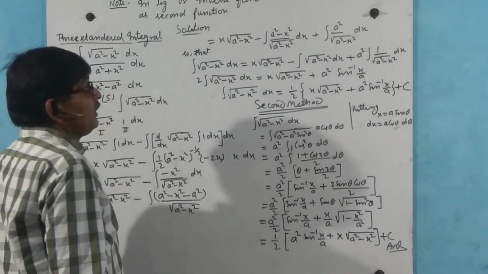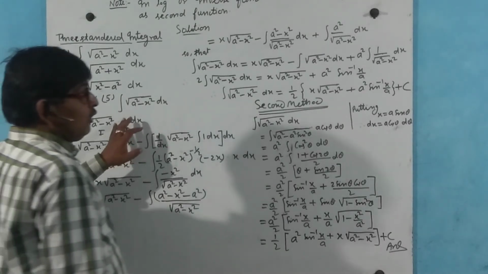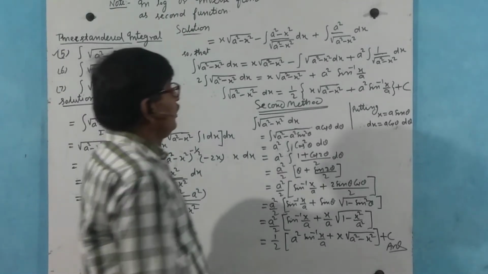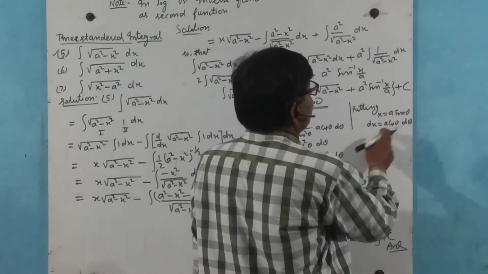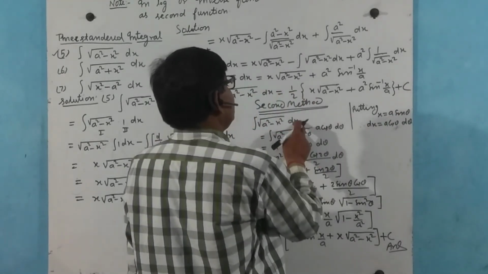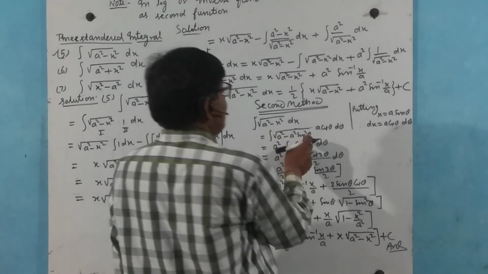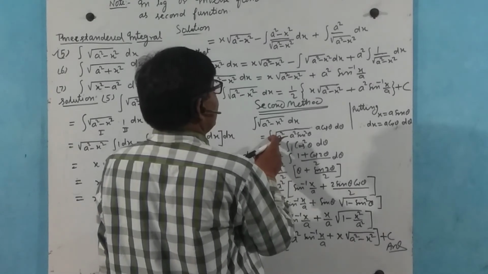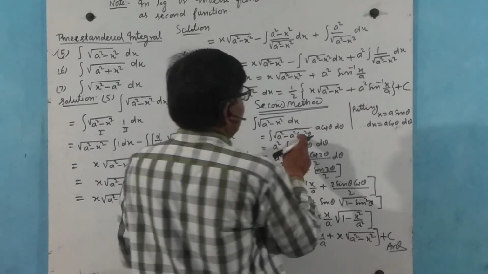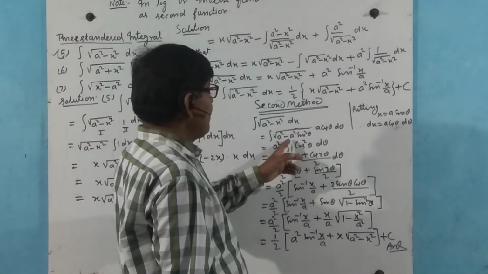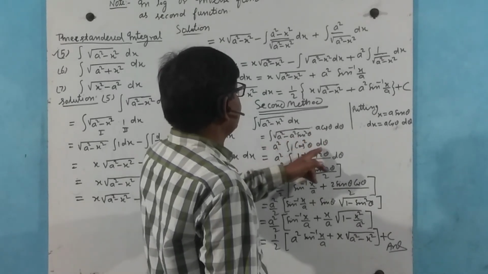Now we take these questions with the help of the substitution method. Putting in this case x is equal to a sin theta, so that dx is equal to a cos theta d theta. Putting dx is this and x is equal to a sin theta, so that this comes a here, a square, and 1 minus sin square theta is cos square theta, so that under root, simple cos theta, and cos theta cos square theta.